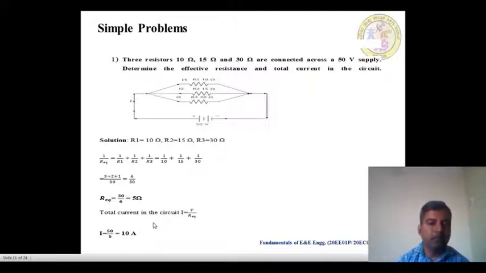We get 3 plus 2 plus 1 divided by 30, that is 6 by 30, so R equivalent equals 5 ohms. The total current in the circuit I equals V by Req, so 50 divided by 5 ohms, we get 10 amps.